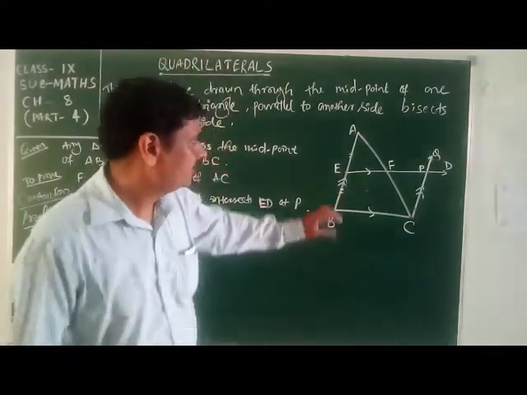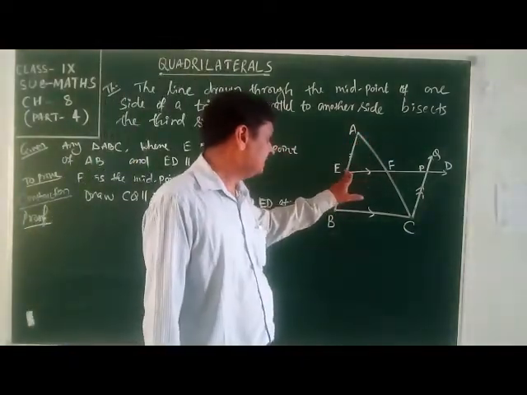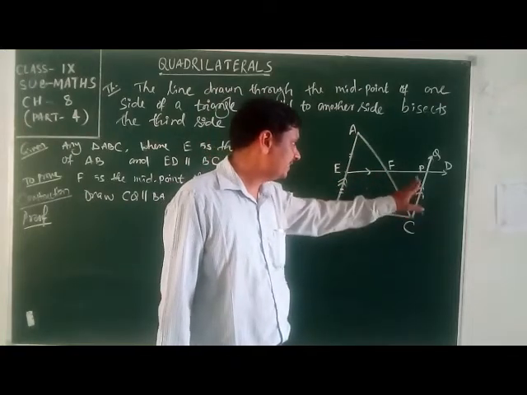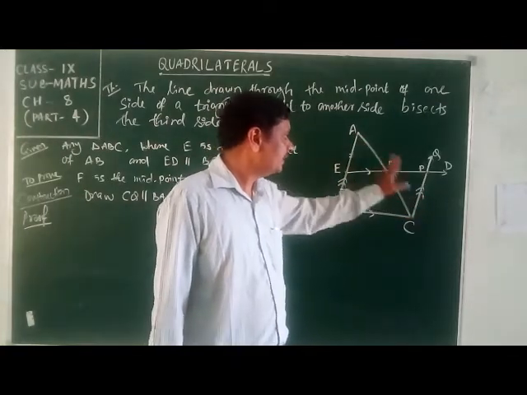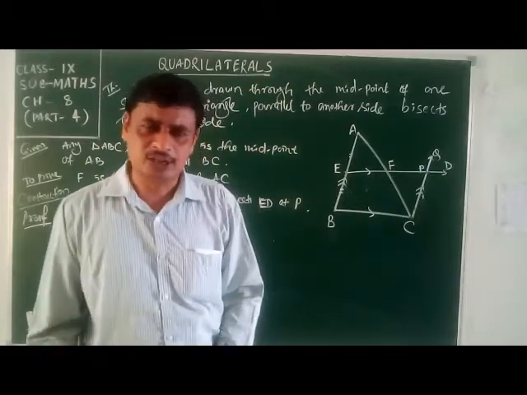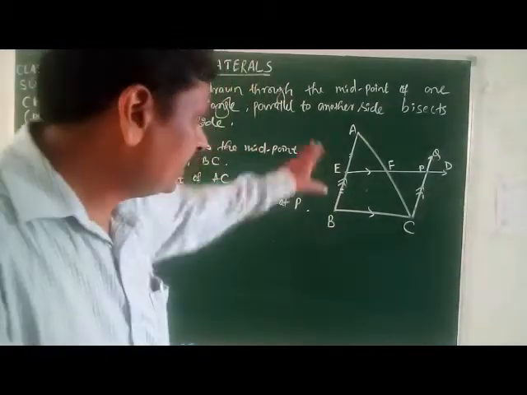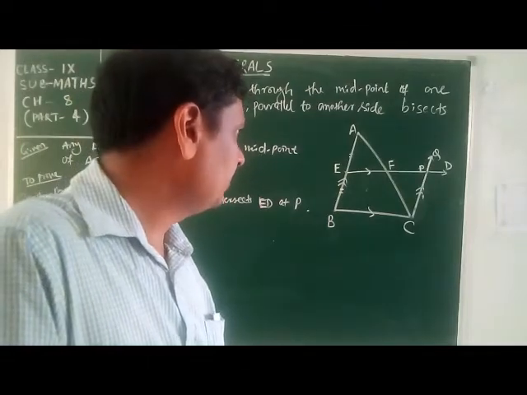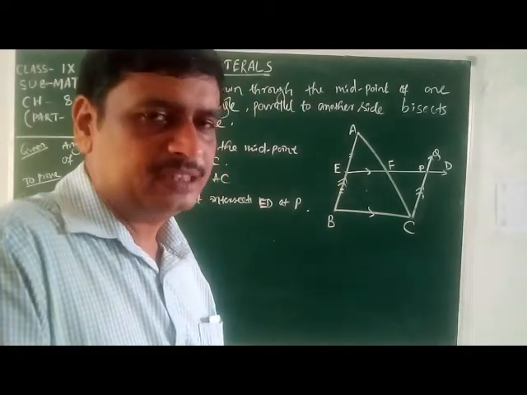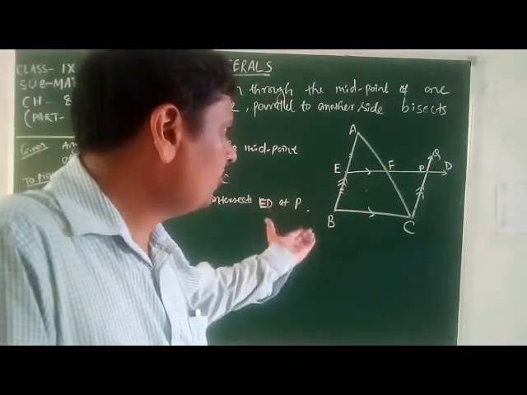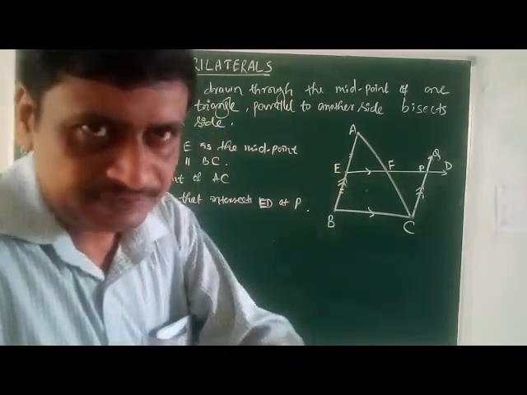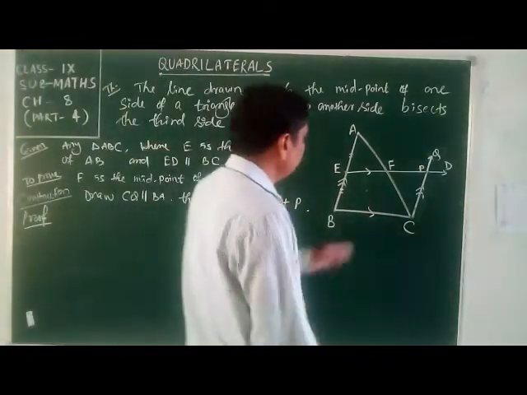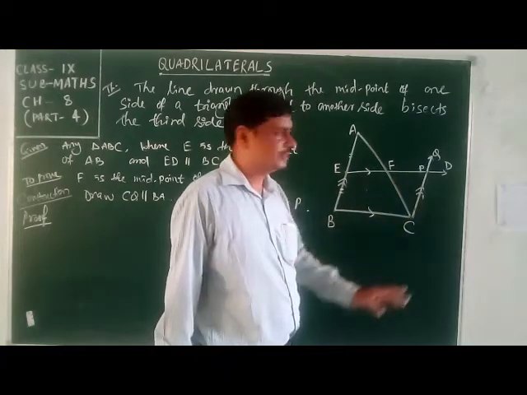If we take triangle AEF and triangle CPF, if these two triangles are congruent, then easily we can say AF and CF are equal. By this, F is said to be the midpoint of AC. So how can we make both the triangles congruent? That is the question.